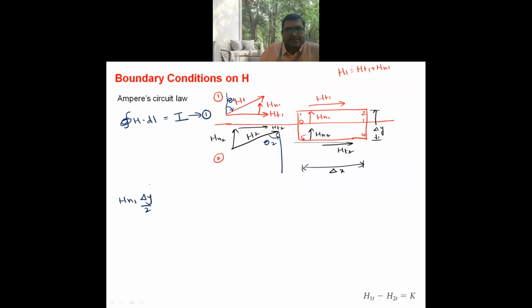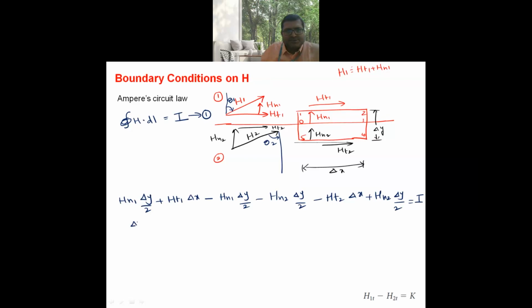From 1 to 2, it is Ht1 delta x. From 2 to 3, it is minus of Hn1 delta y by 2. And 3 to 4, it is minus of Hn2 delta y by 2. 4 to 5, minus Ht2 delta x. 5 to 0, plus Hn2 delta y by 2, and it is equal to I.